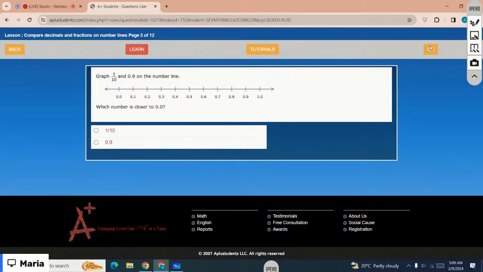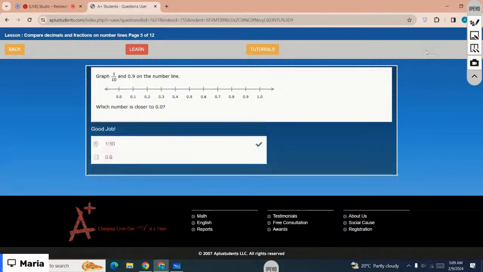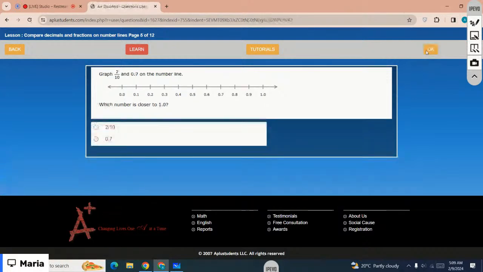Which is closer to 0? Yes, that is 1 over 10 or 0.1, closer to 0, right? Graph 2 over 10 and 0.7 on the number line. So which is the correct option?